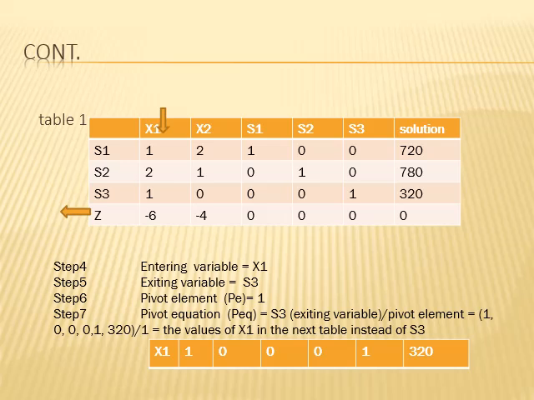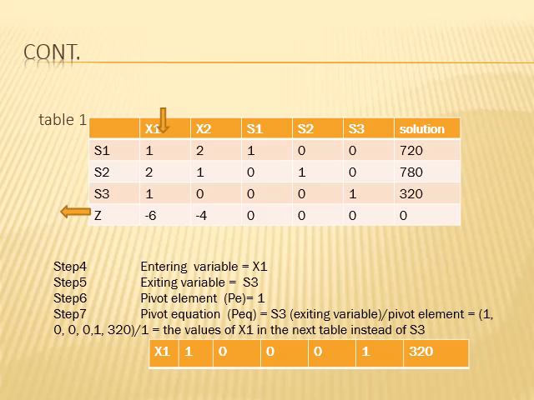So x1 should be considered as the entering variable because it faces -6, which is the biggest negative value in the last row of Z. So step 5 is to determine the exiting variable.